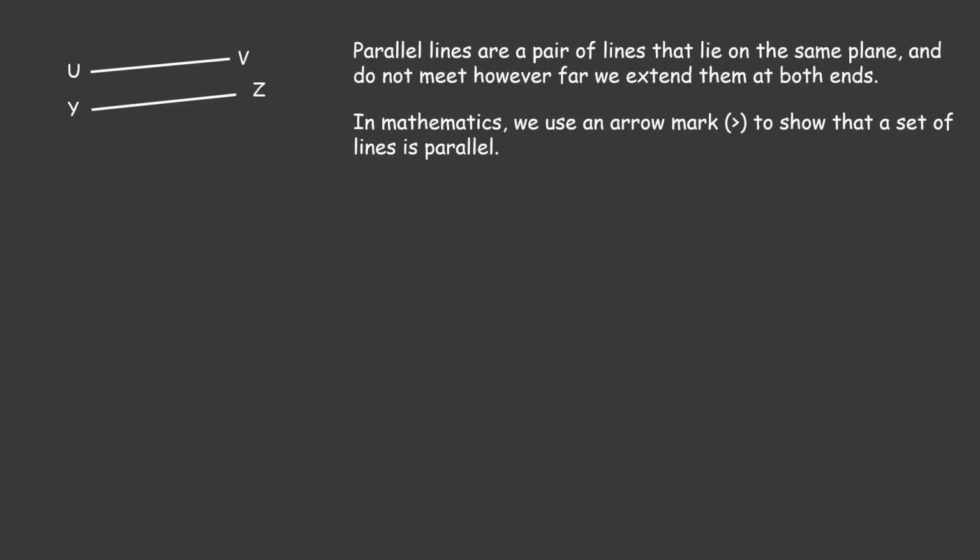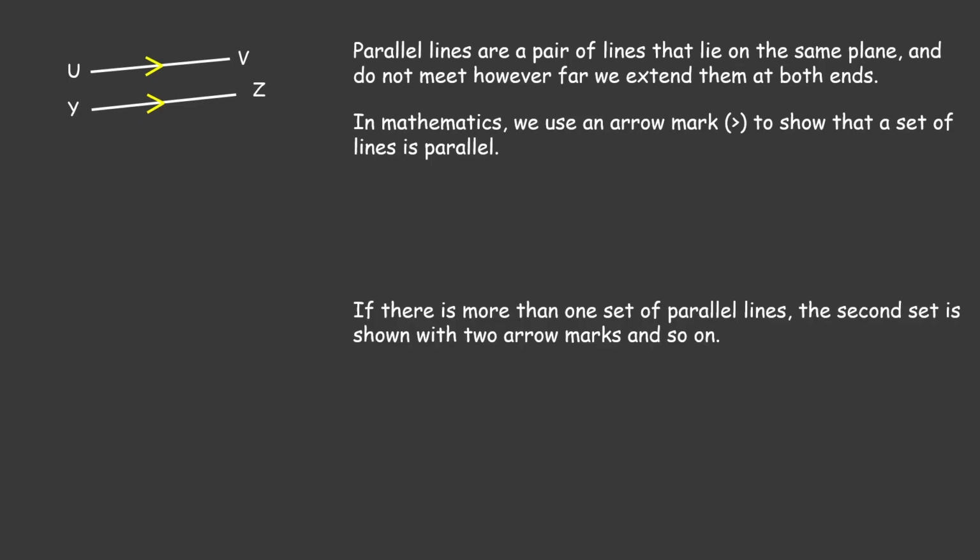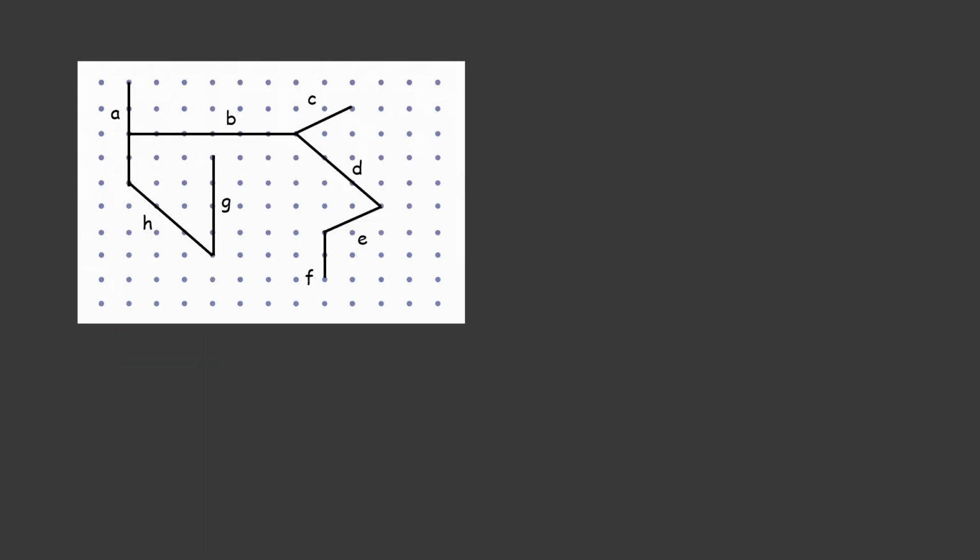In mathematics, we use an arrow mark to show that a set of lines is parallel. Now, in case we have more than one set of parallel lines, the second set is shown with two arrow marks, and so on.